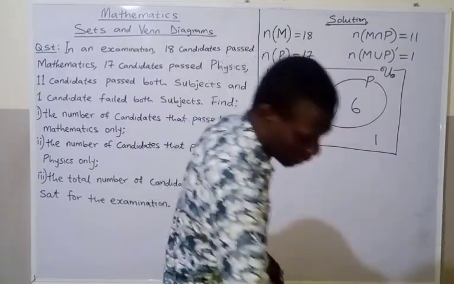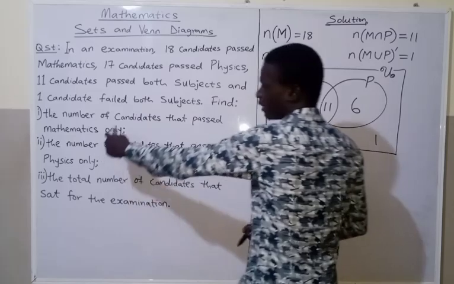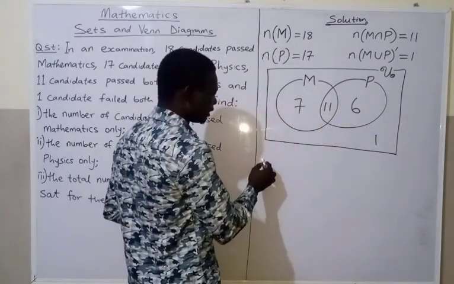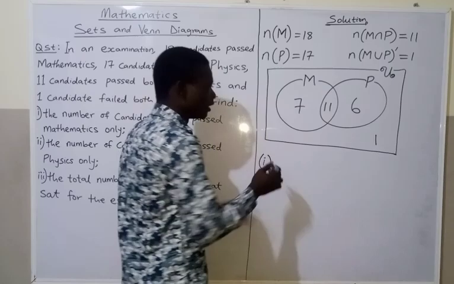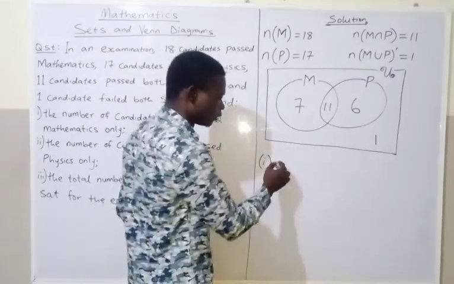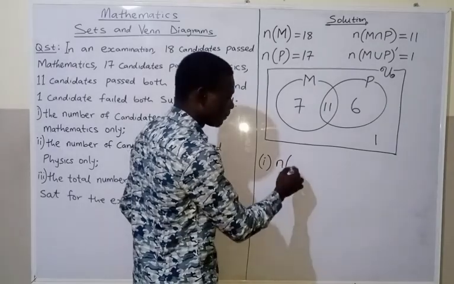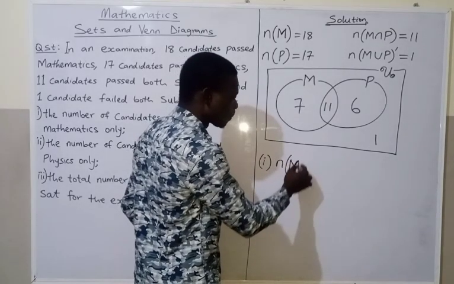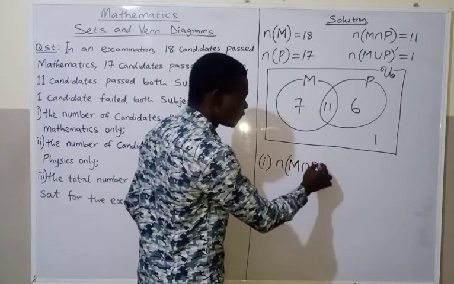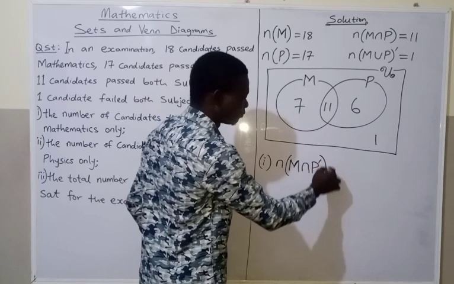And when we have the diagram set up, the question now proceeded, they ask us how many candidates passed mathematics only? And of course, we could see that in the Venn diagram. Now, what is the representation of those that passed mathematics only? That's going to be number of candidates that passed mathematics, but not physics. That's mathematics intersection physics prime.